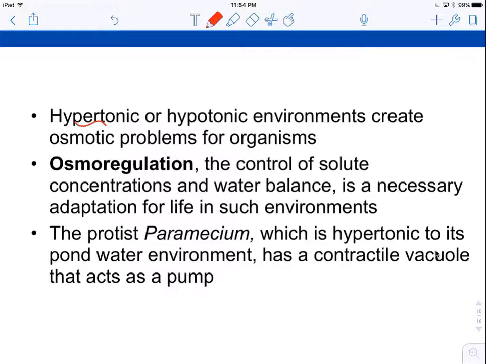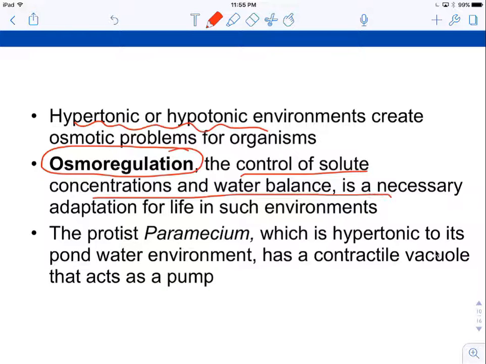So again, hypertonic and hypotonic environments can create problems for unicellular organisms like amoebas and parameciums. Okay, and so they have to find ways to regulate this, through osmoregulation, control of solute concentration and water balance.